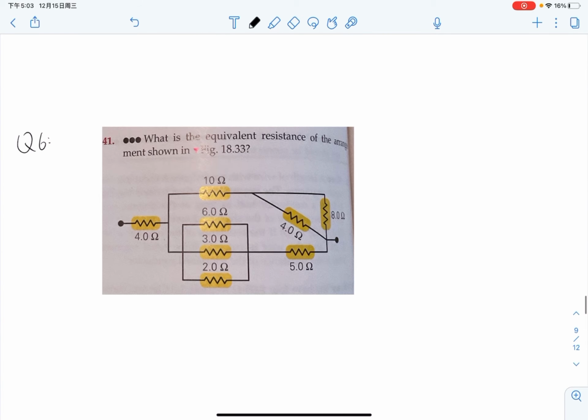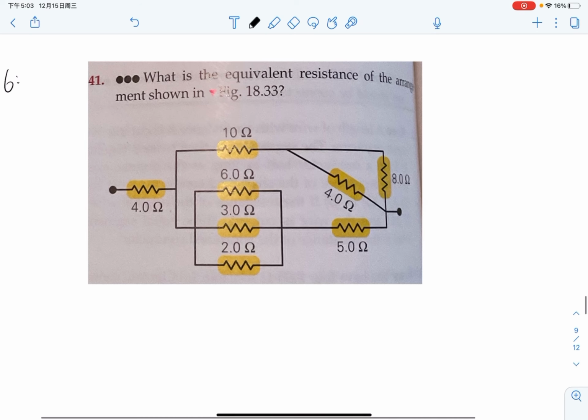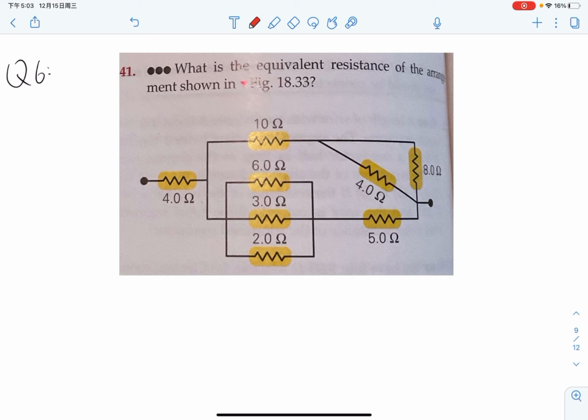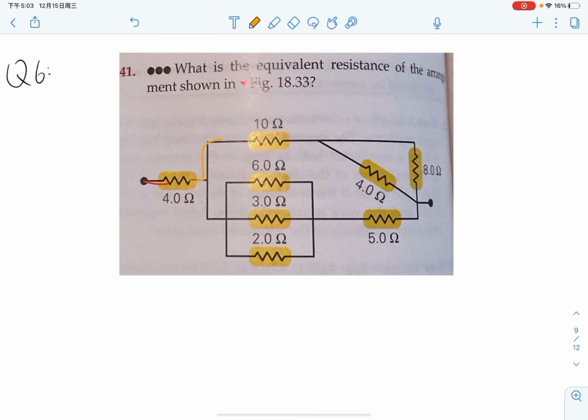And moving on to the sixth question, which is, what is the equivalent resistance of the arrangement shown in the figure over here? So we need to find the electric potential. We just need to label the electric potential over here first. So we'll just go that way and that way.